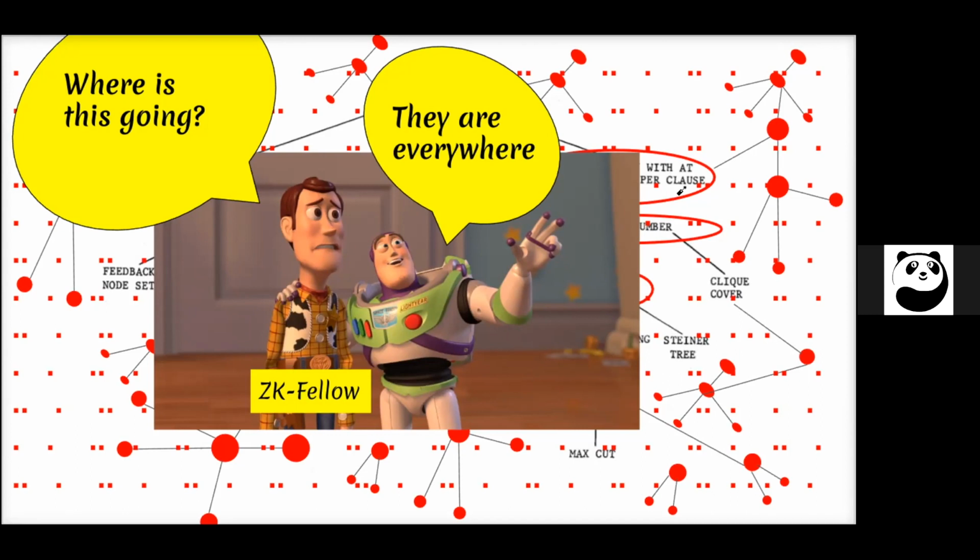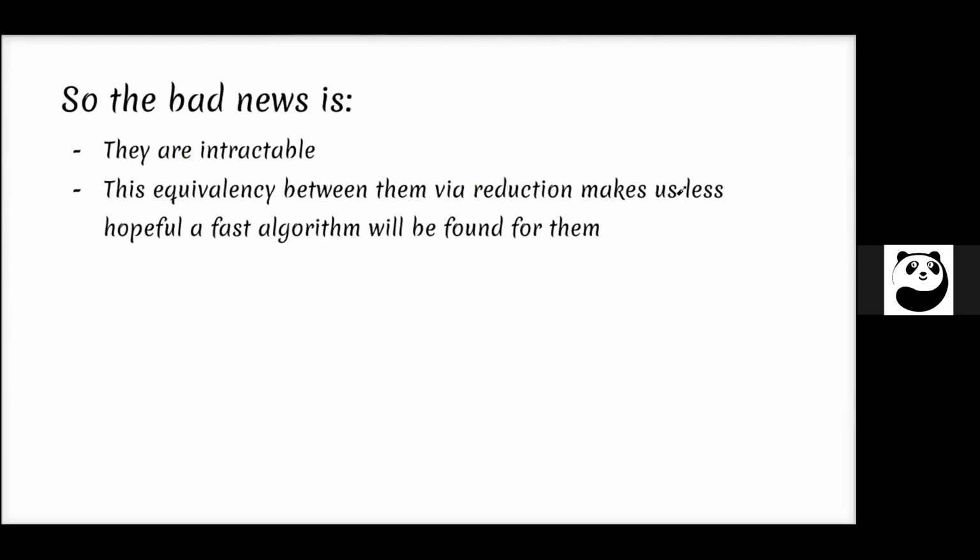So you might be wondering, where is this going? What's going on? The bad news is these problems, we have not found a quick solution for them over the past 4 or 5 decades. They seem to be fundamentally hard. There is no known algorithm that will guarantee we don't get stuck at the very end and have to backtrack all the way to the beginning.